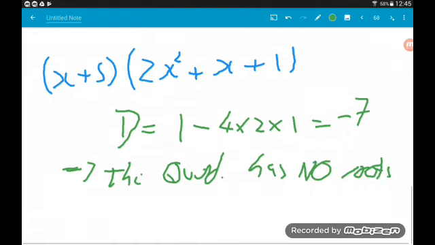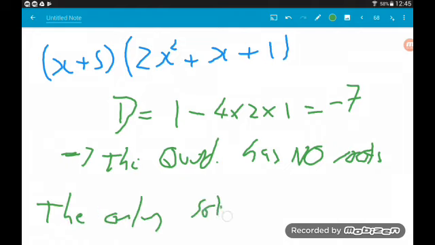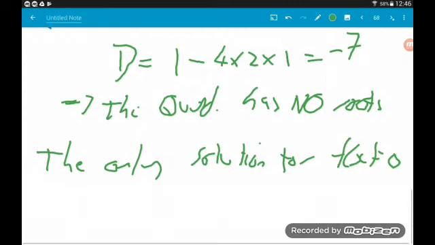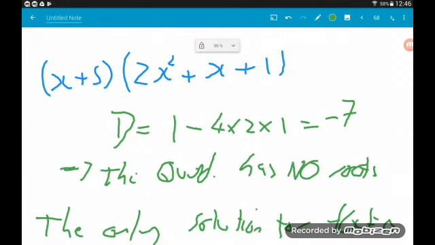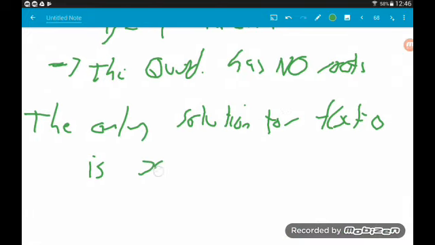So the only single solution to our cubic, the only solution for f of x equals 0, well, it comes from the x plus 5 bracket, so x is equal to minus 5. There we go guys, job done for example 2.